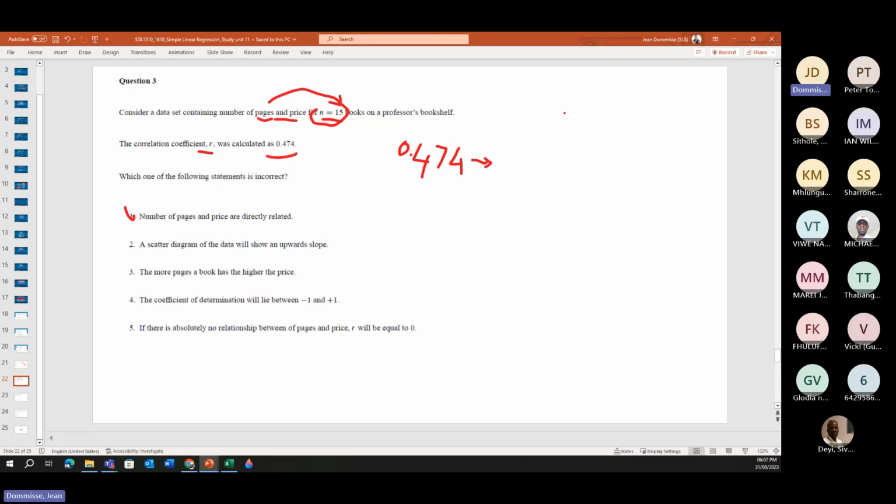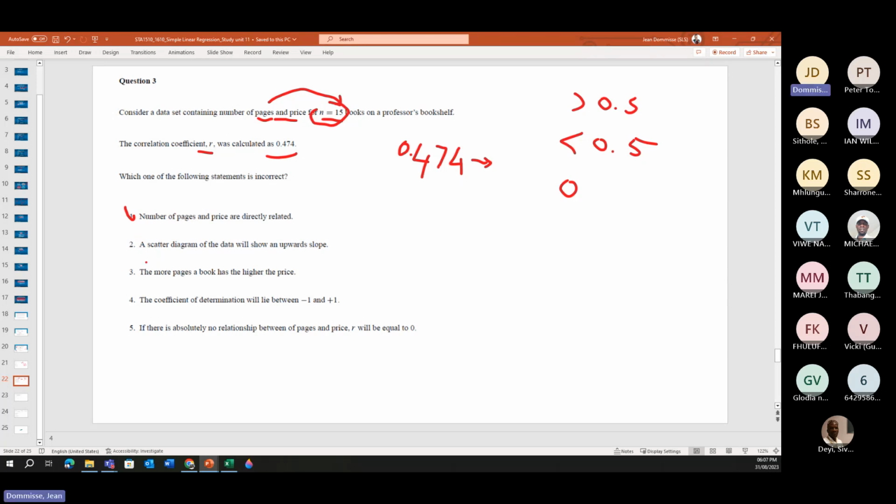So remember, a strong relationship is more than 0.5, a weak relationship is smaller than 0.5, and no relationship is 0. So it is definitely directly related, not strong, but it is definitely related.